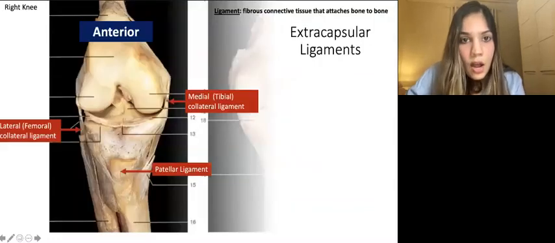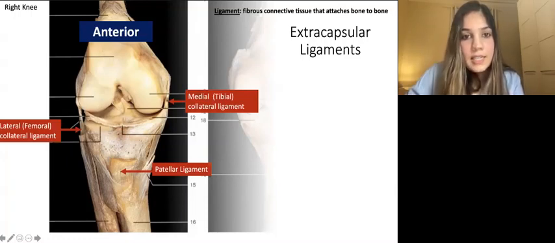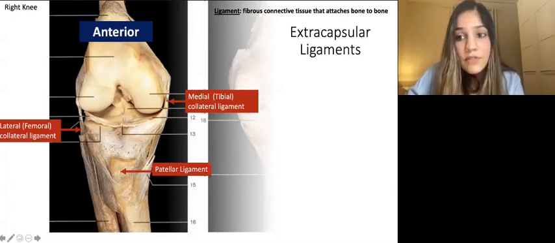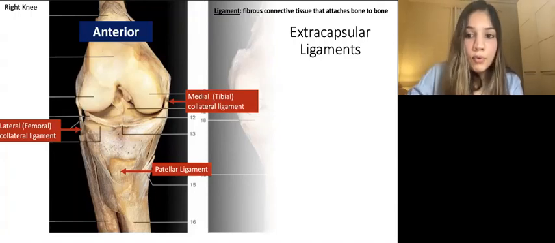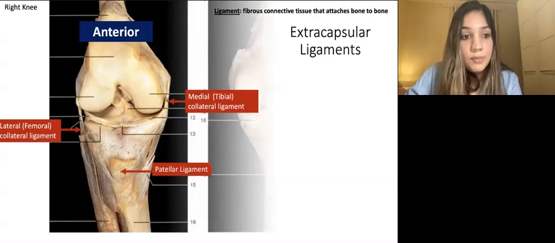Okay. So we'll just talk about the extracapsular ligaments of the knee. Just to go over basics, a ligament is a fibrous connective tissue that attaches bone to bone, and it usually serves to hold structures together and keep them stable.